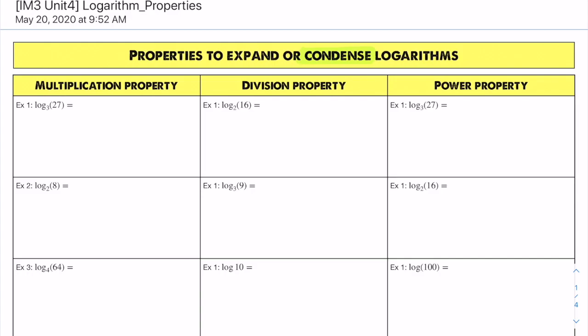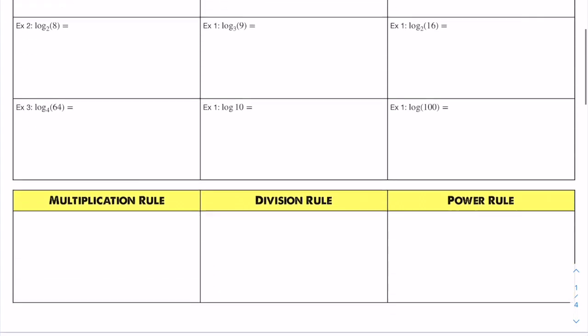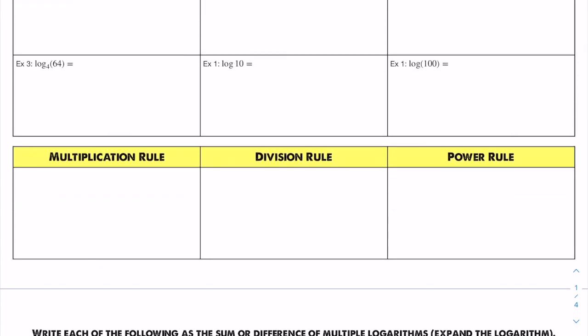Okay, so you might remember with exponents, they had a couple of rules. If you had x to the a power times x to the b power, we would add those exponents together. You may also remember if we had x to the a power divided by x to the b power, that would be subtraction.